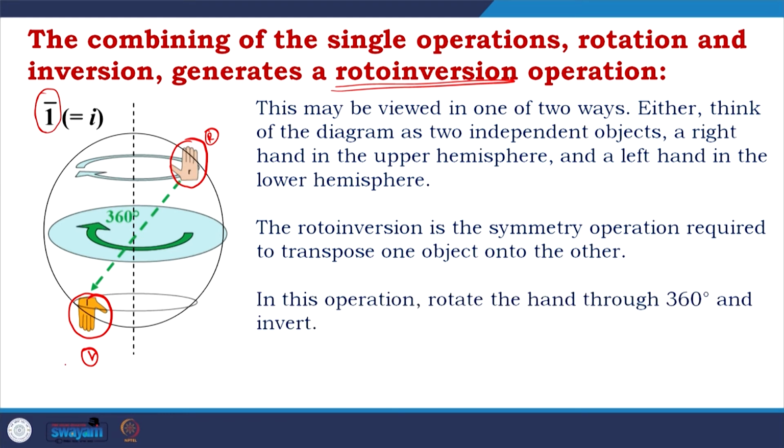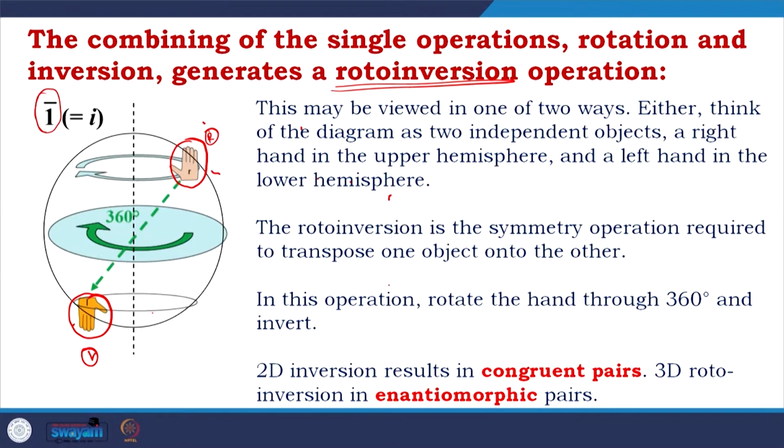In this operation, rotate the hand through 360 degree. So, you rotate the hand from here to 360 degree and then you invert that. So, you have this, you do that and you invert. So, you get like this.